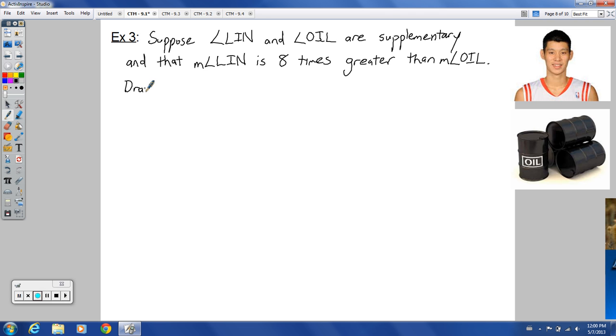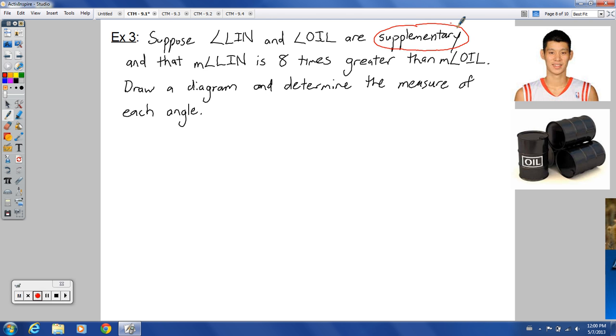And now let's draw a diagram and determine the measure of each angle. So since they're supplementary, well, what does that mean again? Supplementary just means they add to 180.